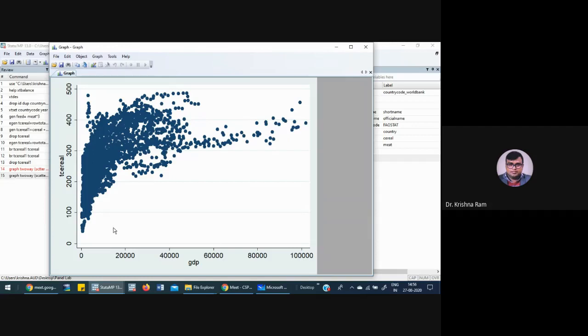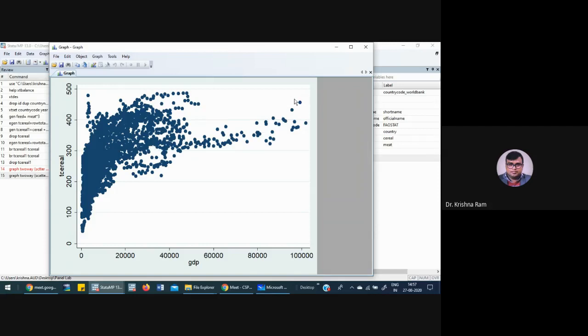So it is starting somewhere around 10 or 20 units of cereal consumption, and along with the rise in income, it rises steeply. Then after that the curve started to flatten, and these are the countries which we may consider.